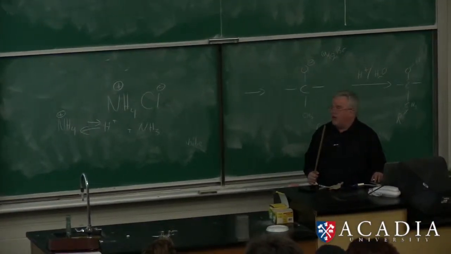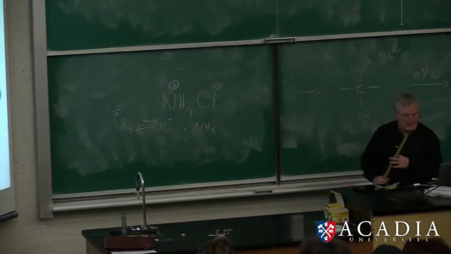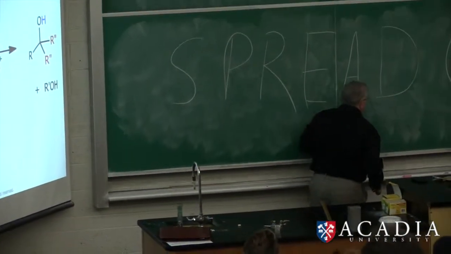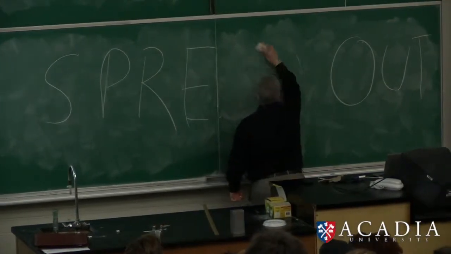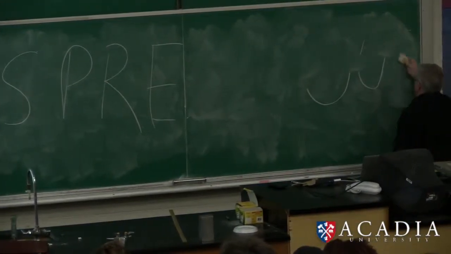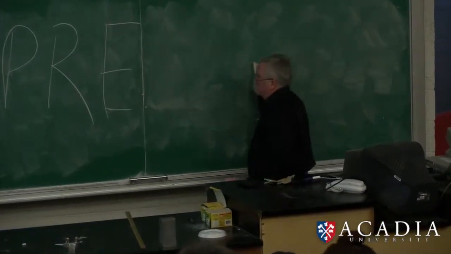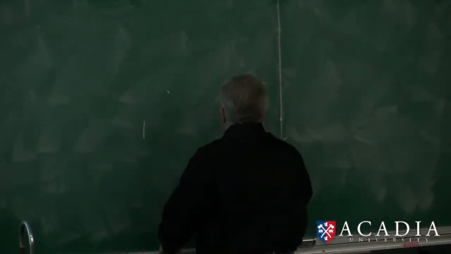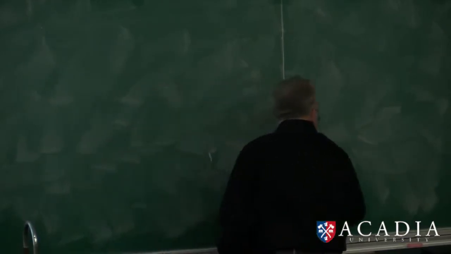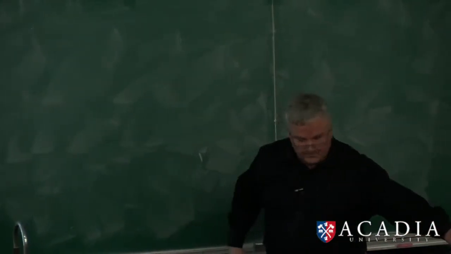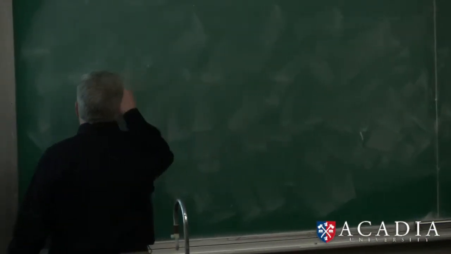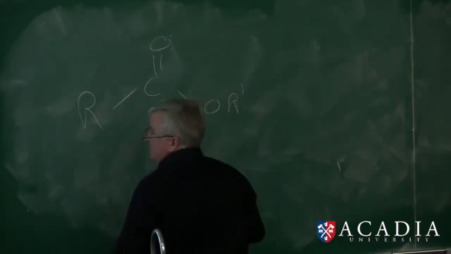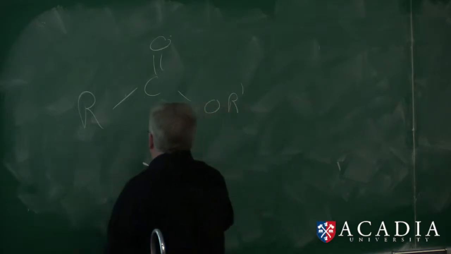Okay, so our reaction with esters. Esters are a little bit different. What happens with esters and why are they different? Let's take a look at what happens. The first part of the reaction is the same. So in this case, we have an ester and we have some Grignard reagent.